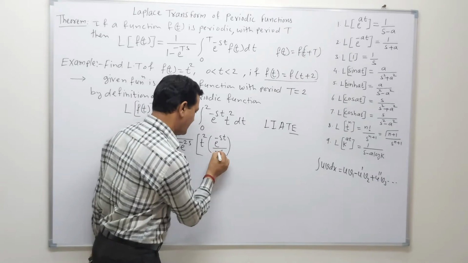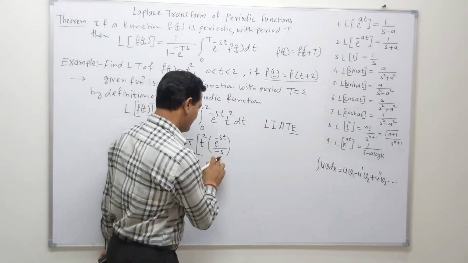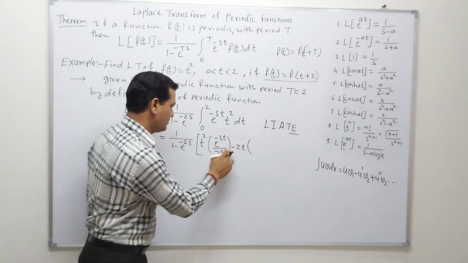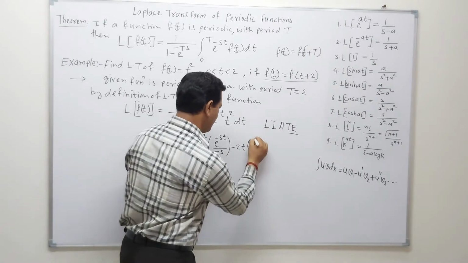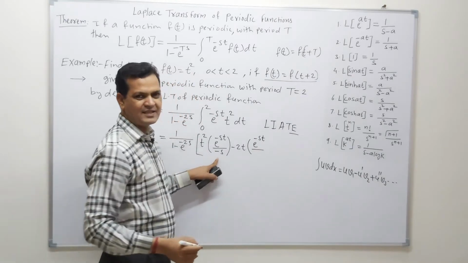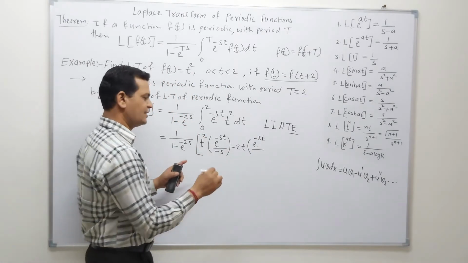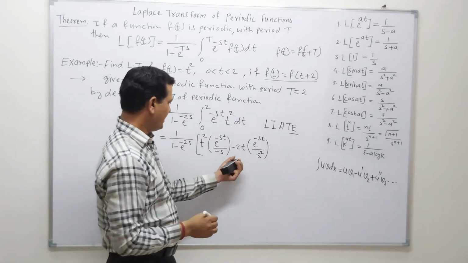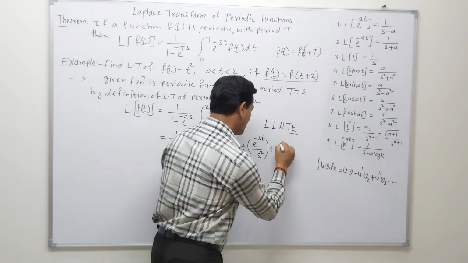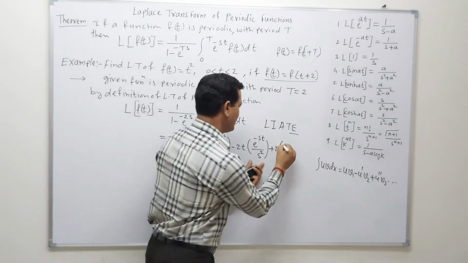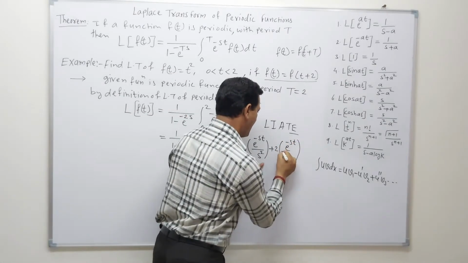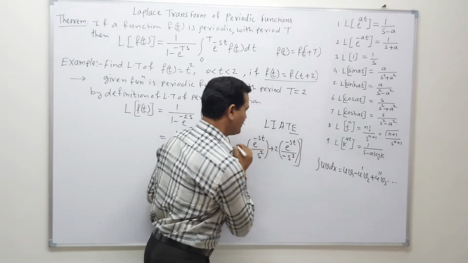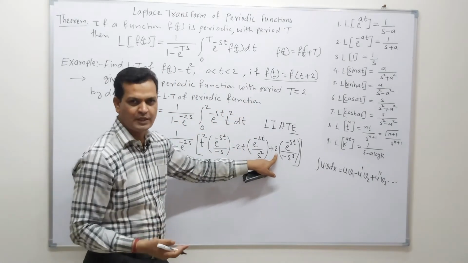Then minus the derivative of the first term, 2t, into the integration of this function, e raised to minus st upon s square, so the minus becomes plus. Again the derivative is 2, and the integration gives e raised to minus st upon minus s cube. The next derivative of 2 is 0, so the integration stops here.